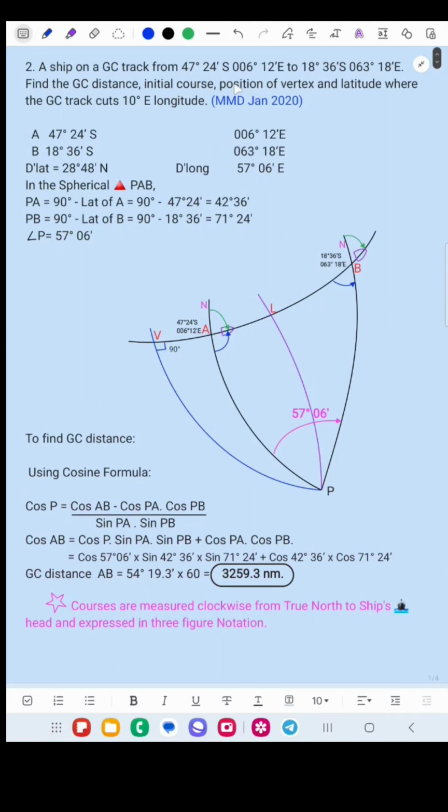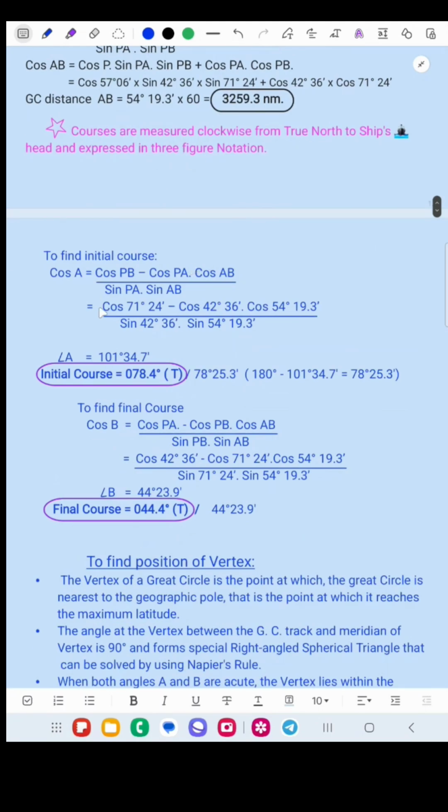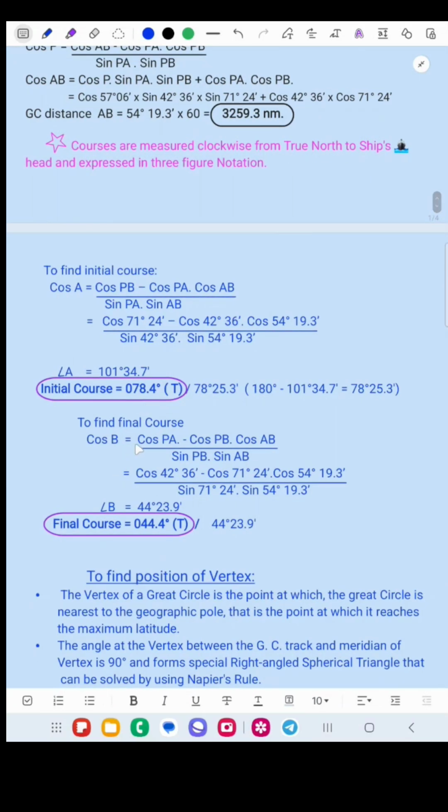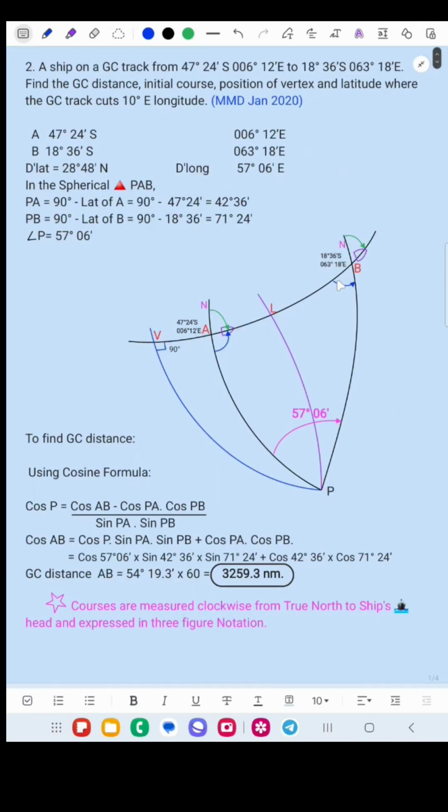Though the question does not ask for the final course, I have just calculated it. We apply the cosine formula. Cos of B is equal to cos of PA minus cos of PB into cos of AB divided by sine of PB into sine of AB. So just put the respective values and simplify, and we get angle B as 44 degree 23.9.